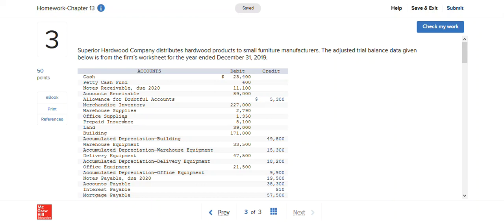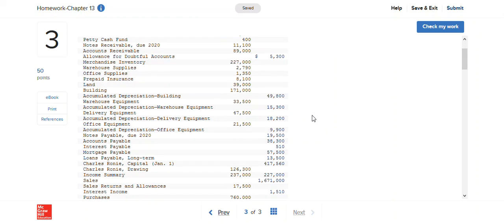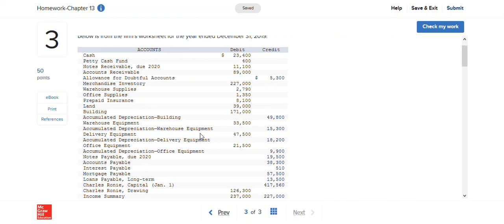So the merchandise inventory that we see here, the $227,000, is actually the merchandise inventory at the end of the year. And we need the merchandise inventory at the beginning of the year. But if you recall, when you're closing out merchandise inventory, you close that out to income summary. So let's find income summary. And it's all the way down here. You see this $227,000, it's up here, and it's down here. That's where we put that ending inventory into merchandise inventory.